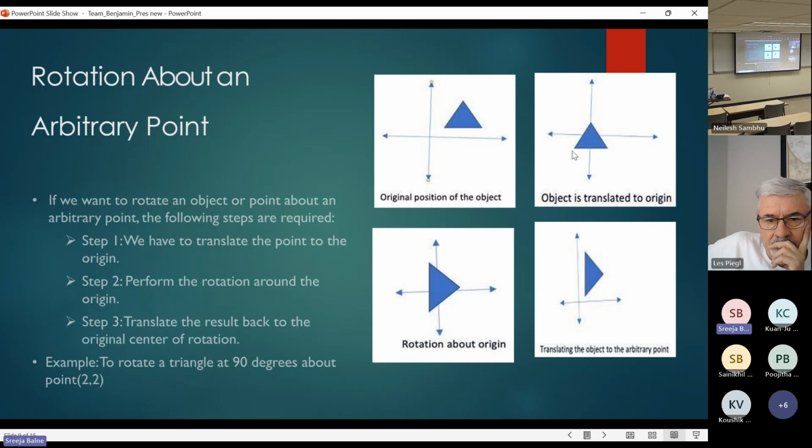Here we can observe in the first image, the object is in the positive coordinates. Then it has been translated with respect to the origin. And then the rotation: here we can observe the difference in the angle, the base of the triangle. So it is being rotated by some angle. Here it is 90 degrees when we see both images. And then we shift the image to its original position. So in the original position, this is the new position and the new rotated angle for the object.